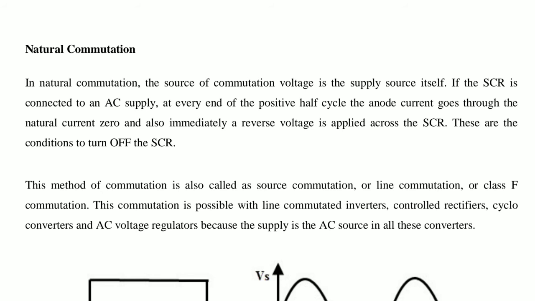This commutation is possible with line commutated inverters, controlled rectifiers, cycloconverters, and AC voltage regulators, because the supply is AC. So it has very wide applications, because all those devices have an AC supply at the input side.